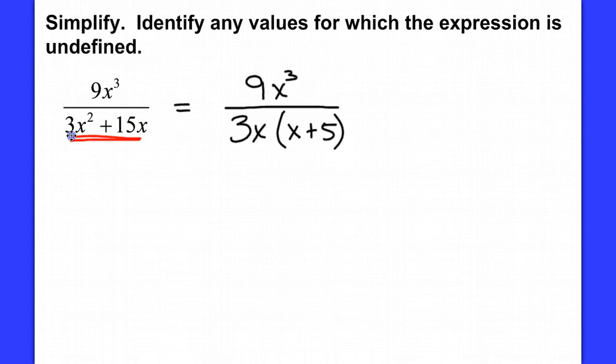As I look, I can see that 3 will cancel out off the bottom, and it will change this 9 to a 3. So that will be the first thing that cancels out. Also, this x down here will cancel out as well. It'll cancel out one of the x's up here, so this x to the third will now turn into an x squared.